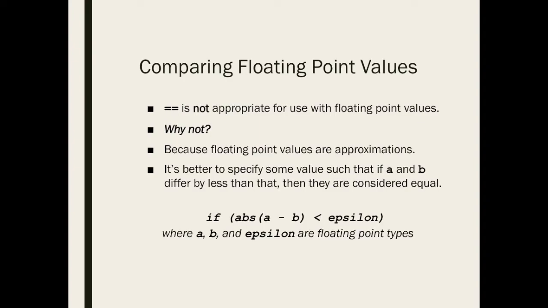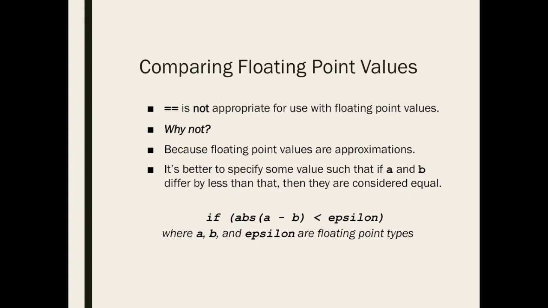Well, remember that floating point values are really just approximations. Whenever you're dealing with a decimal point, somewhere in that decimal point it could be rounded, and it could be different with two different systems. So it's really better to specify a threshold that you don't want two values to be different by. So maybe doing something like this if statement here.